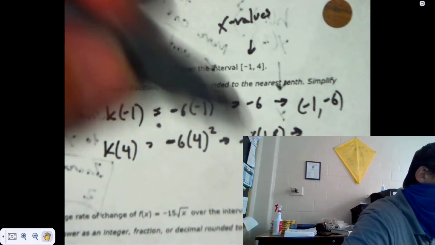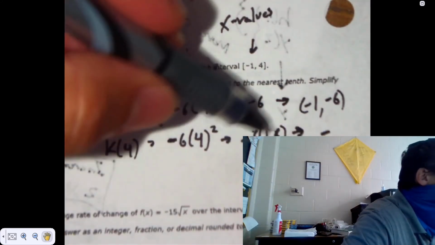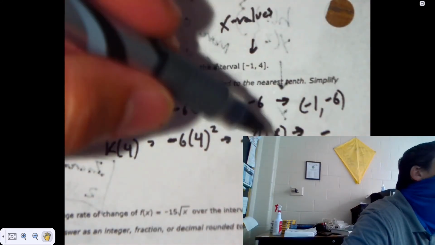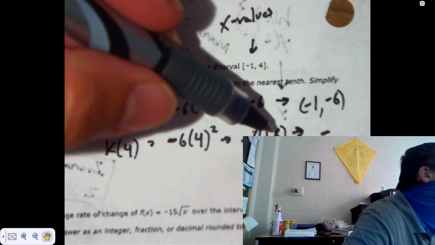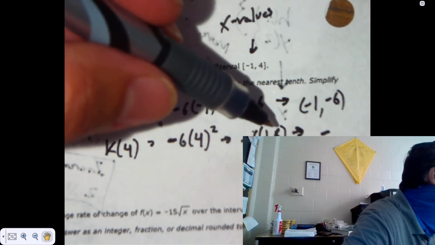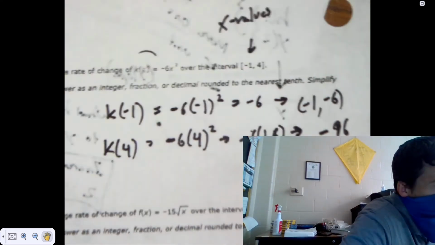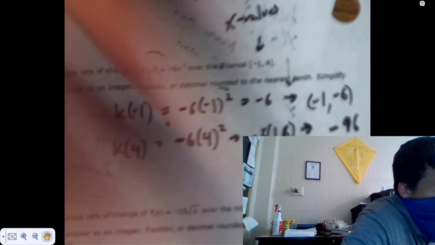Just ignore the negative symbol for a minute. Will the answer be negative? Isn't 16, 10 and 6? Yeah, 6 times 10 is 60, 6 times 6 is 36. 96 is correct because 60 and 36 make 96. So we just created another ordered pair. X was 4, y was -96.